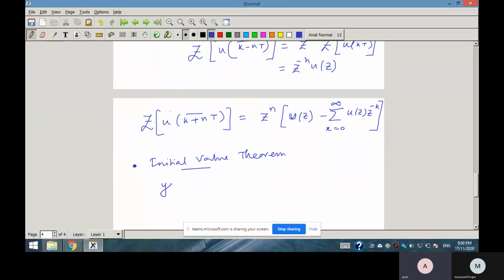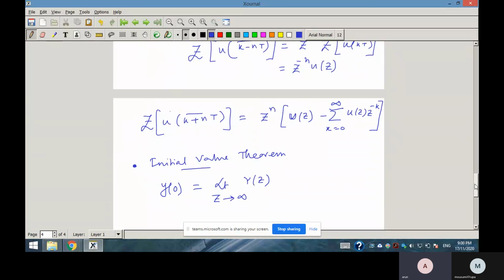If you have a sampled signal y(kt), then y0 equal to limit z tends to infinity of Y(z). In the case of a continuous time signal, y0 equal to limit s tends to infinity of s Y(s), and the final value y infinity is limit s tends to 0 of s into Y(s). So here y0 is limit z tends to infinity Y(z).